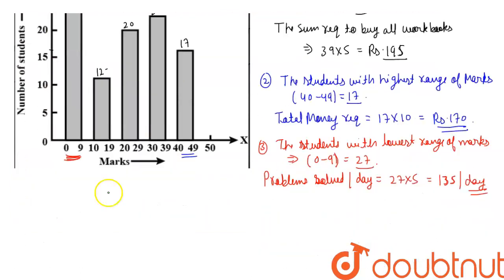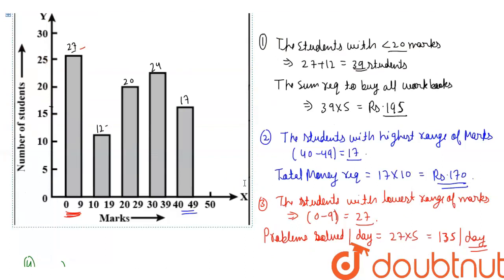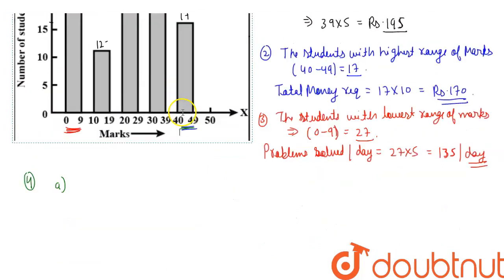So here we are going to solve the fourth part of the question, and in that fourth part we are given the 2 statements. So here we are going to focus on the first statement first. They are talking about the students who have got the marks in the range from 40 to 49. So in the range of 40 to 49 there are total 17 students.